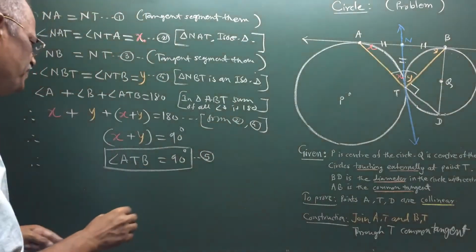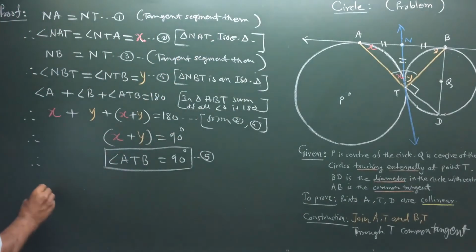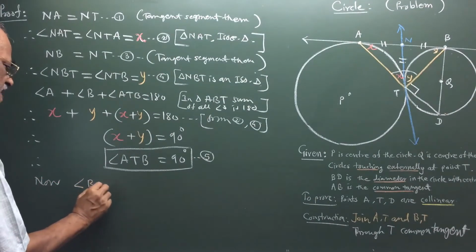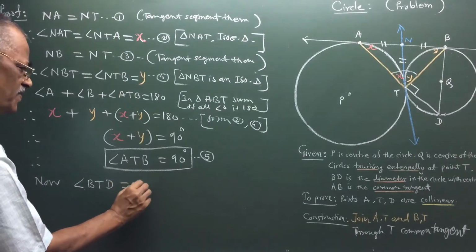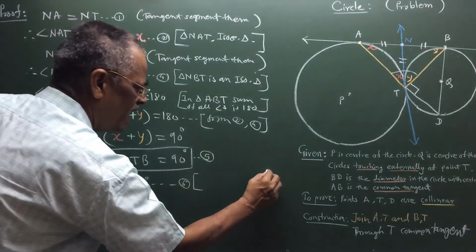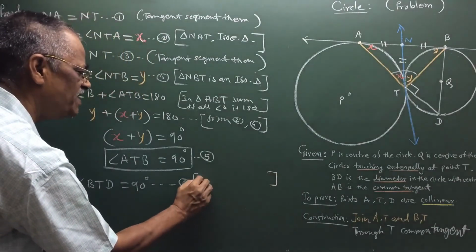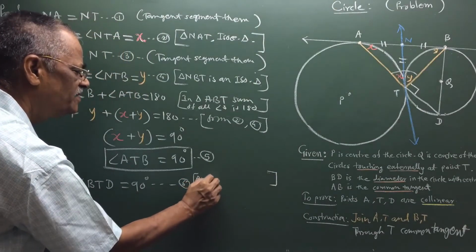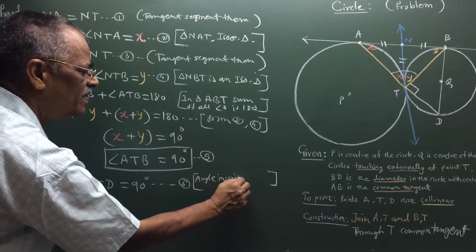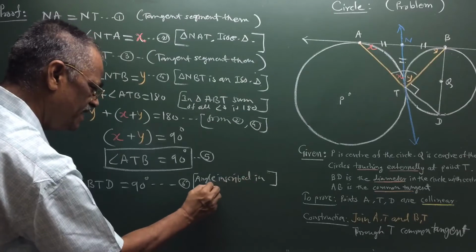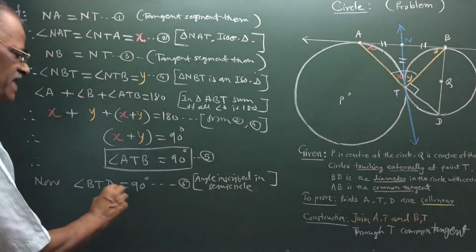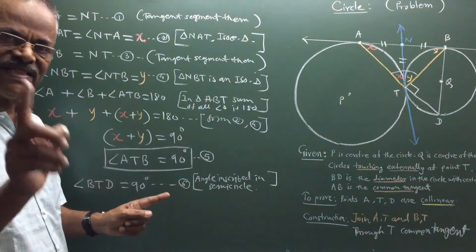So now we can write angle BTD is equal to 90. Reason: angle inscribed in a semicircle. BTD is 90. This is by theorem.